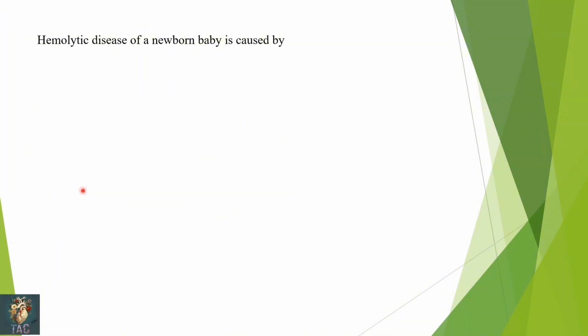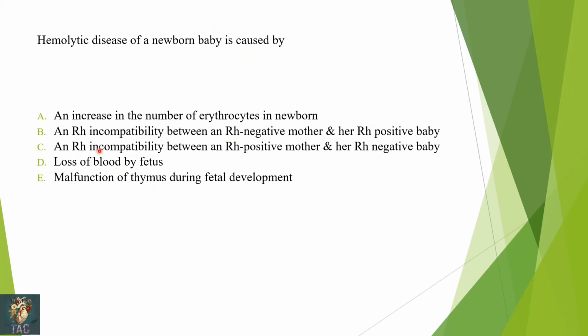Hemolytic disease of the newborn is caused by an increase in number of erythrocytes in the newborn. No. The Rh incompatibility between an Rh negative mother and her Rh positive baby, or Rh incompatibility between an Rh positive mother and Rh negative baby, loss of blood by the fetus, or malfunctioning of the thymus during fetal development.